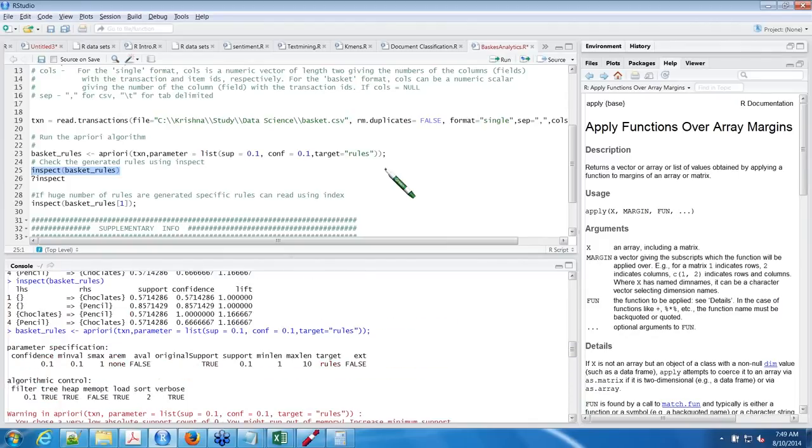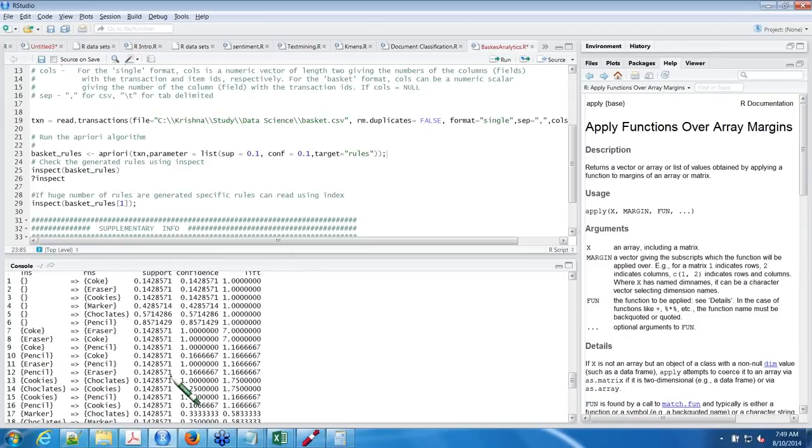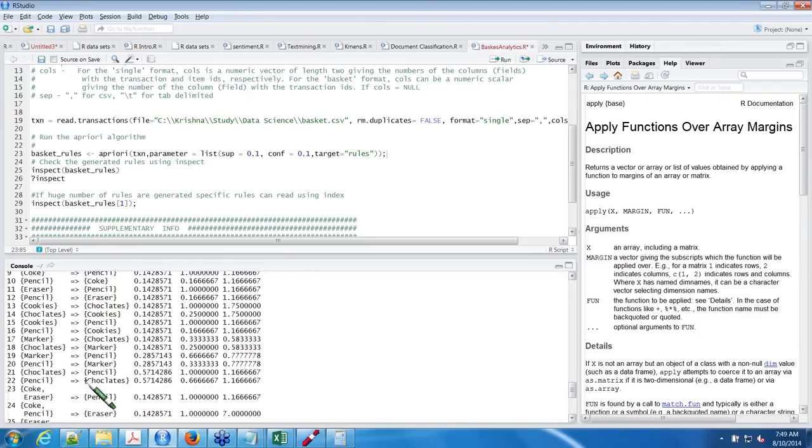So that means there are more transactions for pencil than chocolates. Transactions are more. And in line with the transaction, what is the combination of products bought together also matters. Got it?